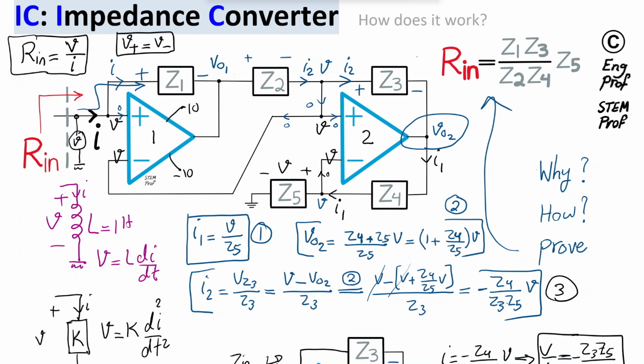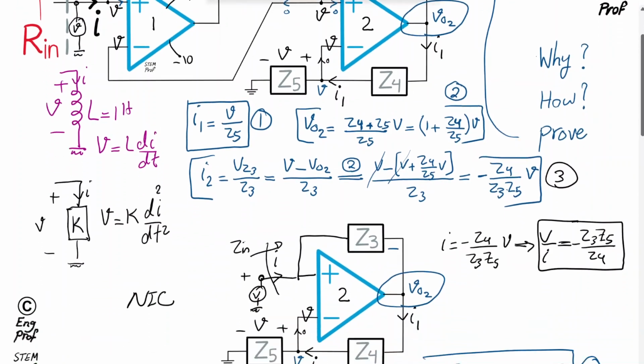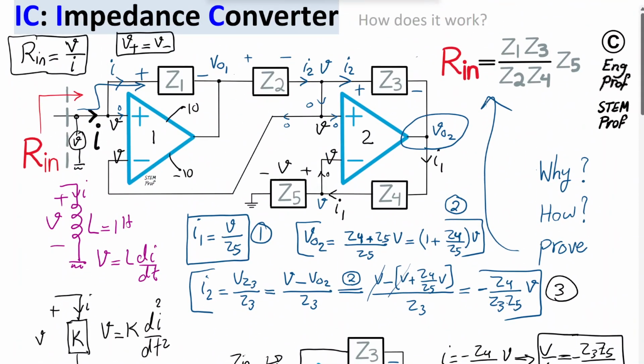For instance, in this scenario, I can select Z4 to be a capacitor.